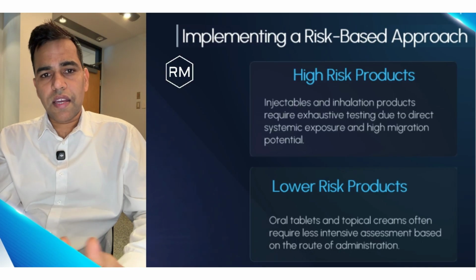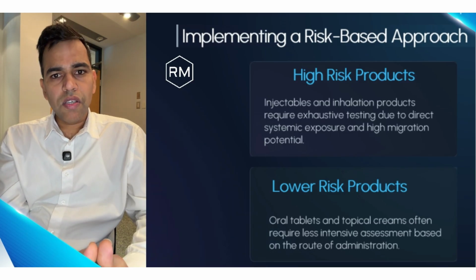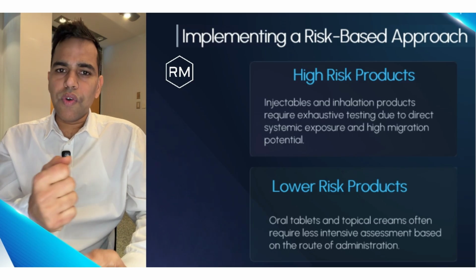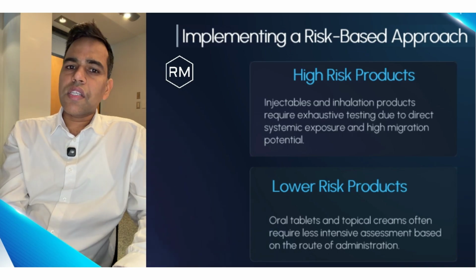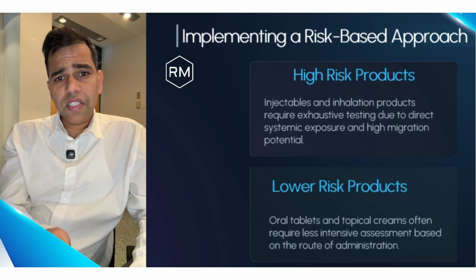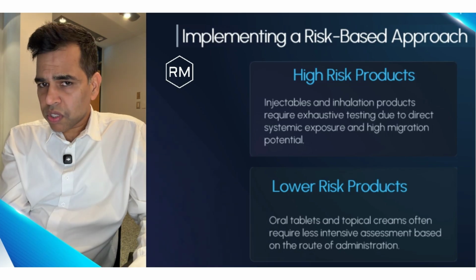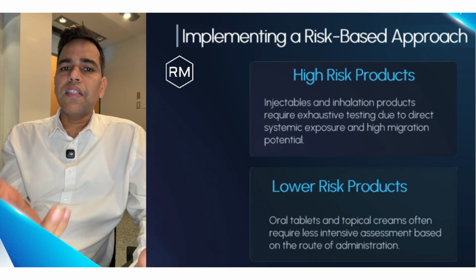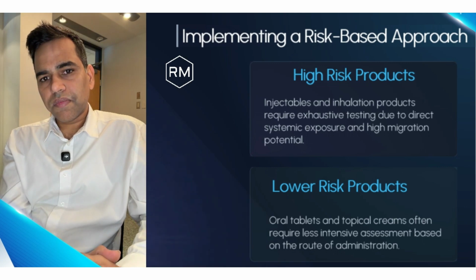On the other side, oral tablets or topical products typically carry lower risk. So instead of over-testing everything, we prioritize based on exposure, route of administration, and the material interaction.